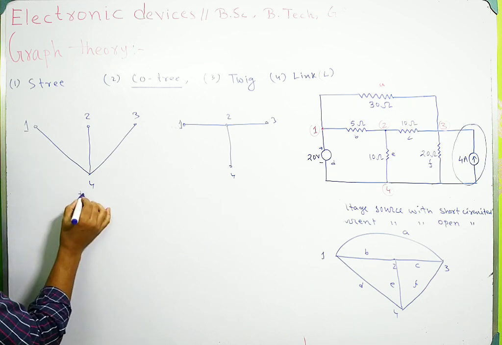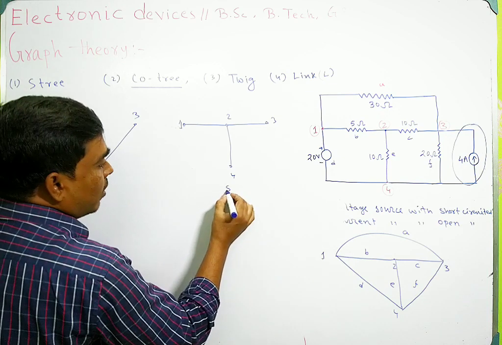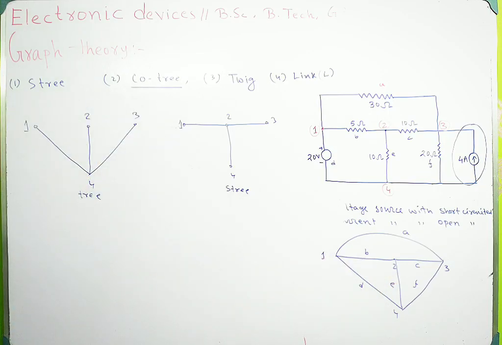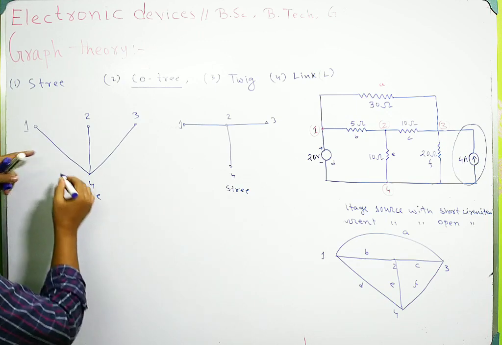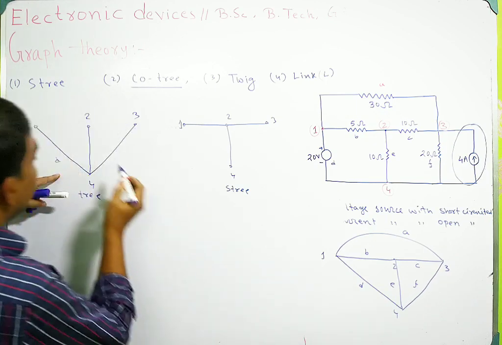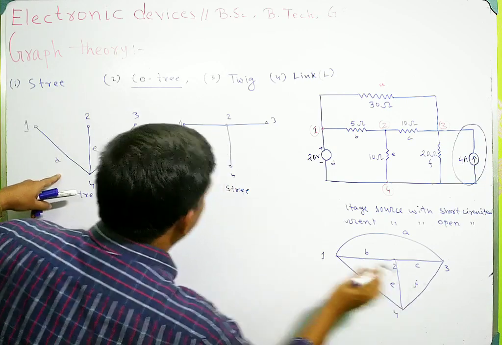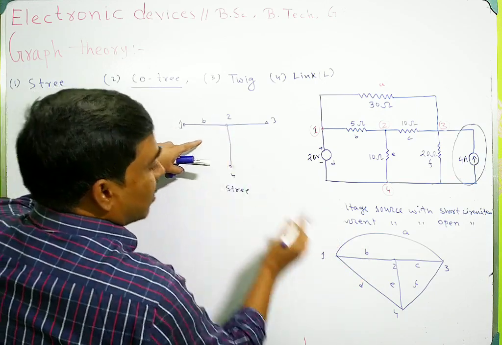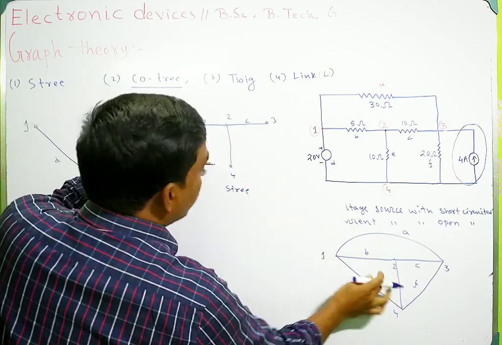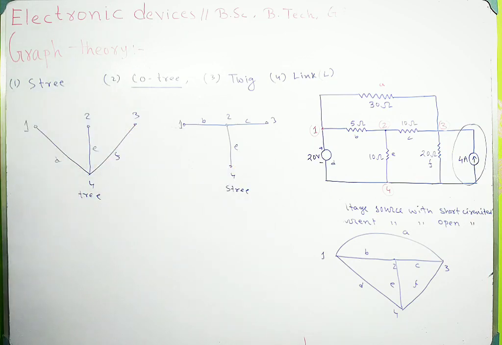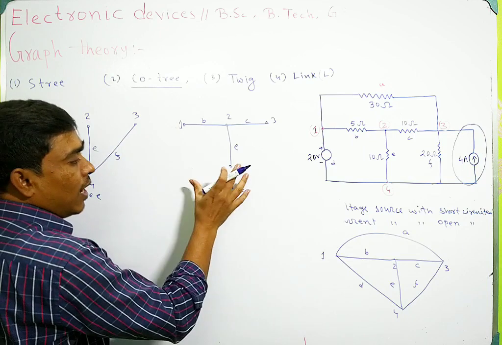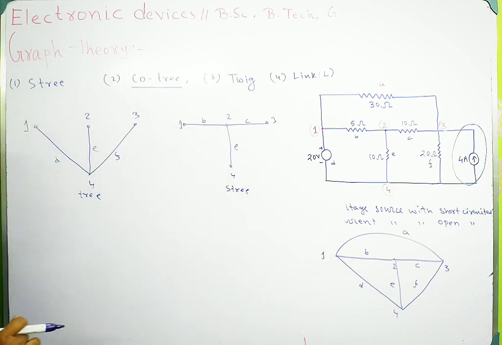So this is a tree of this graph, and this is another tree of this graph. In the first, the branches are D, E, and F, and here the branches are B, C, and E.